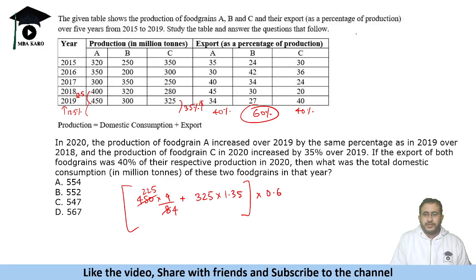So 1800 and 225, 2025 by 4 gives us 506.25, and this is 135 into 5.